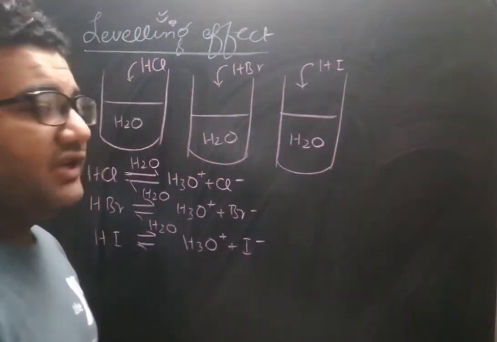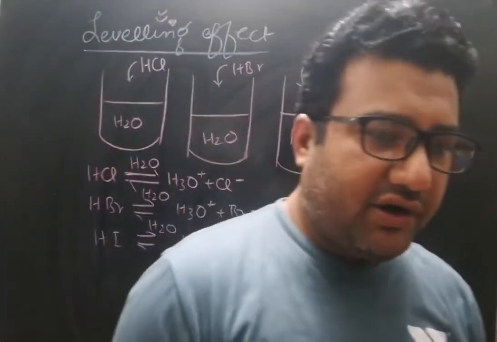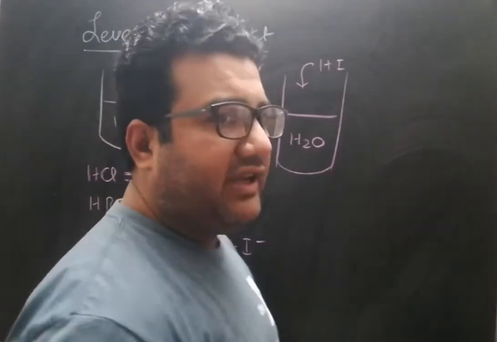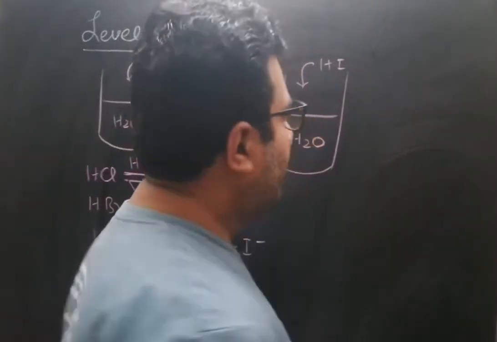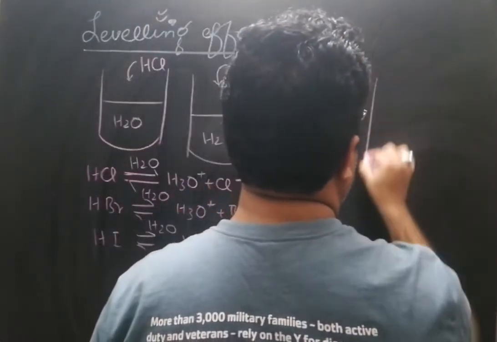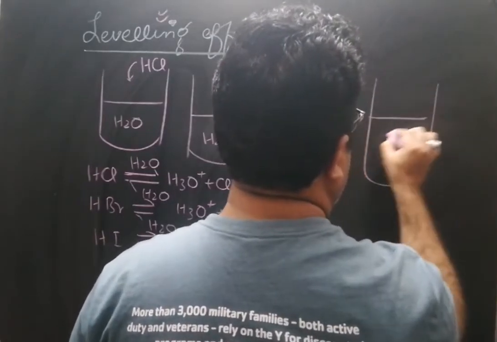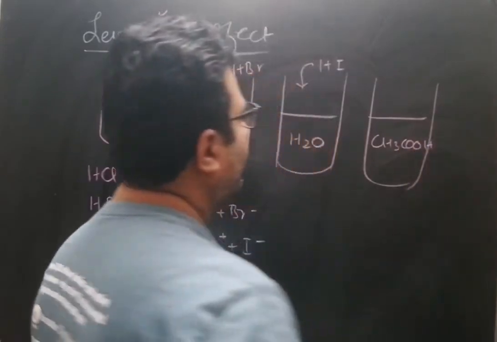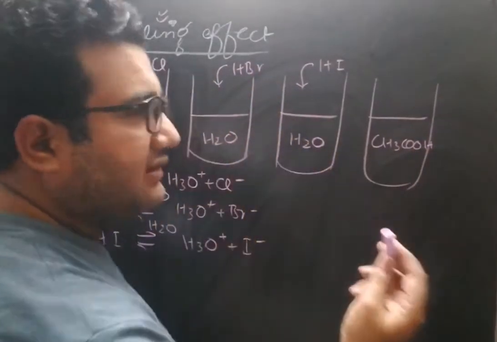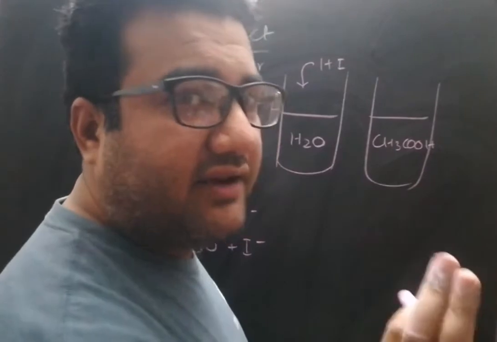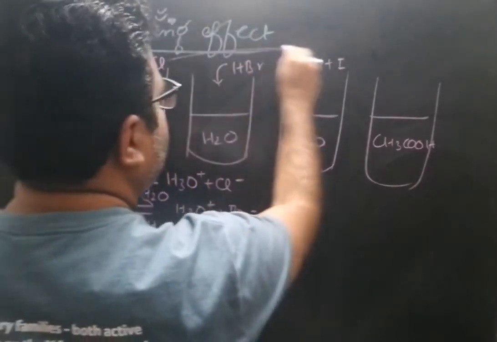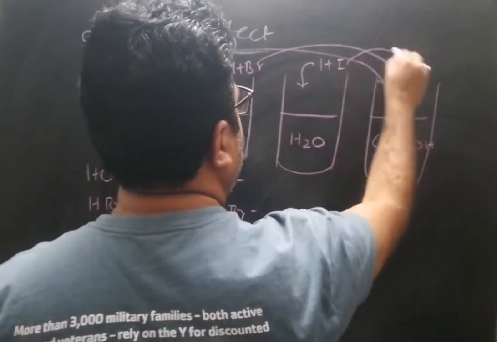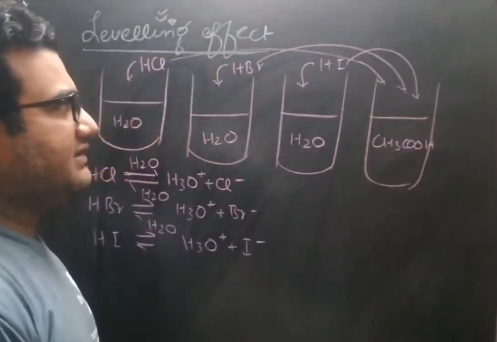So now what should we use in order to check their relative acidic strength? We will have to use some relatively weak base, and the weak base usually used is acetic acid. Now separately, not in the same beaker, please listen carefully, separately dissolve HCl, HBr and HI in acetic acid.